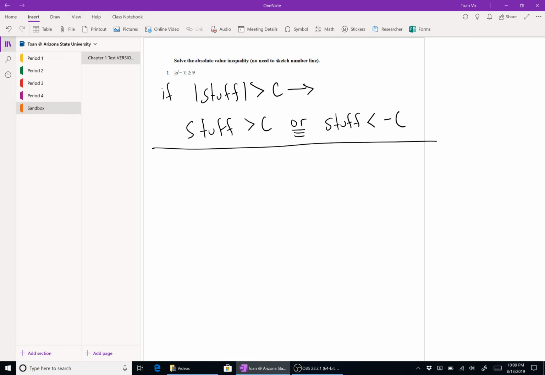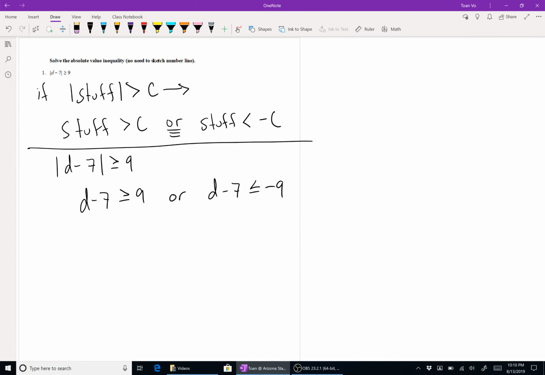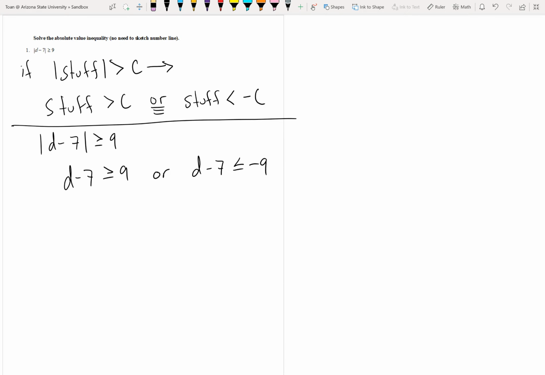So in this instance, if we have absolute value of d minus 7 is greater than or equal to 9, you were supposed to set it up as the following: d minus 7 is greater than or equal to 9, or d minus 7, flip the symbol, flip the number. And then we have two inequalities to solve. Both are solved by the same steps.